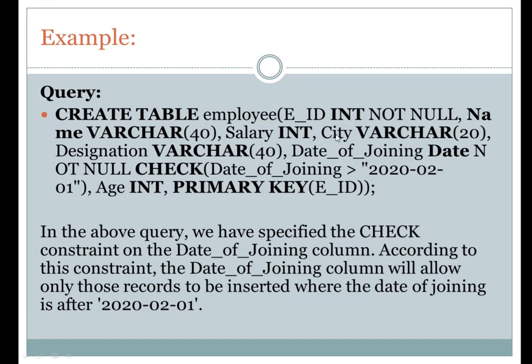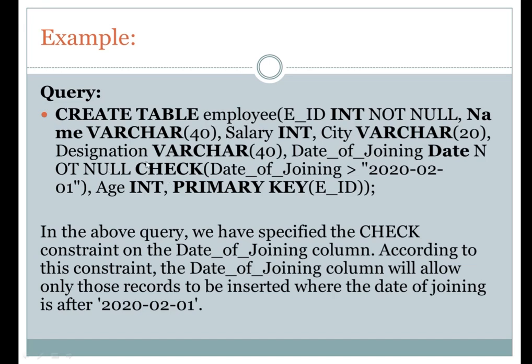Then comma, city, next attribute, varchar with a particular size, comma, designation varchar 40. Then next is date of joining, and our data type is date, which is also not null, the constraint which we apply.